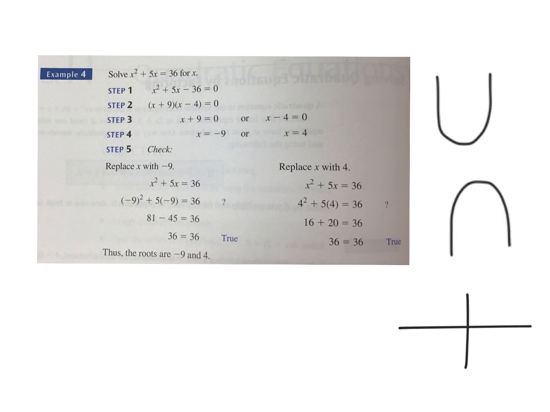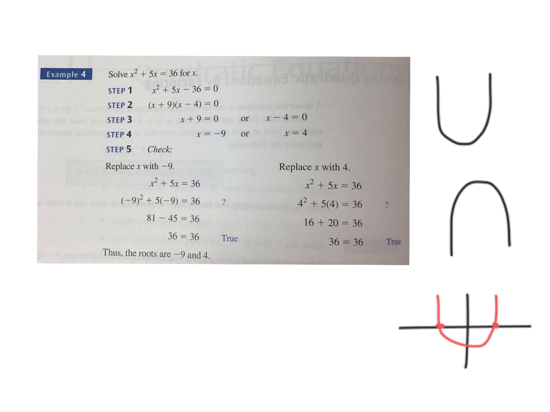Okay, so what happens is when you are factoring these, you are finding out where the equation hits the x-axis, and it should hit in two places, okay? There are going to be situations where it won't hit at all, and we'll talk about that later, but for right now, these are all going to hit on a specific x-axis, two places.